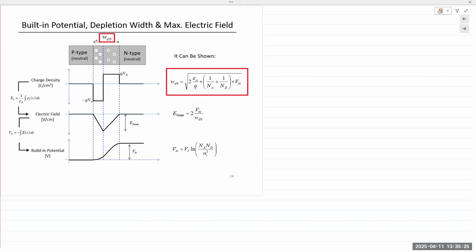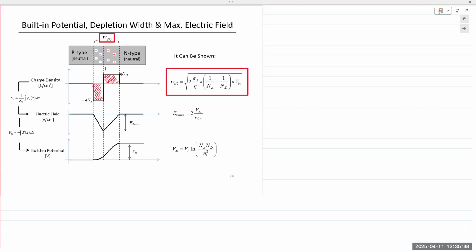If you take the area under the curve, the charge density, that would equal or cancel each other out. The higher the concentration, the narrower the distance, and the lower the concentration, the larger the distance. So this is the junction.